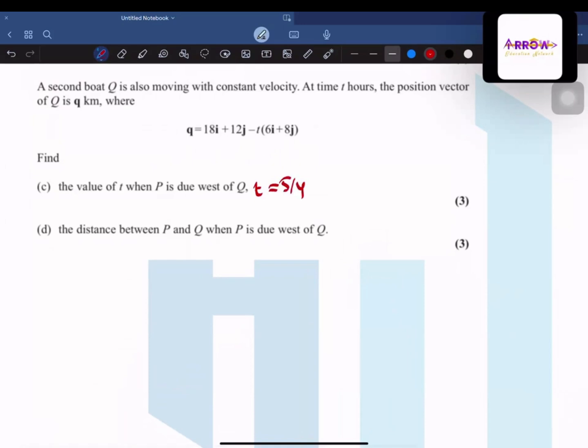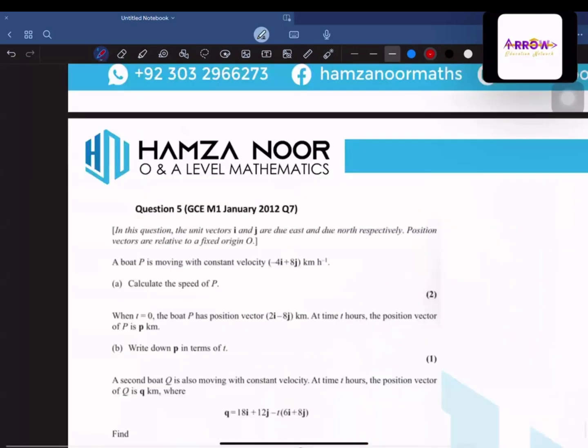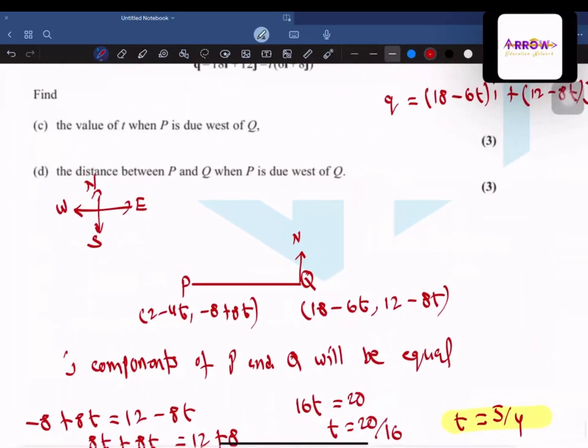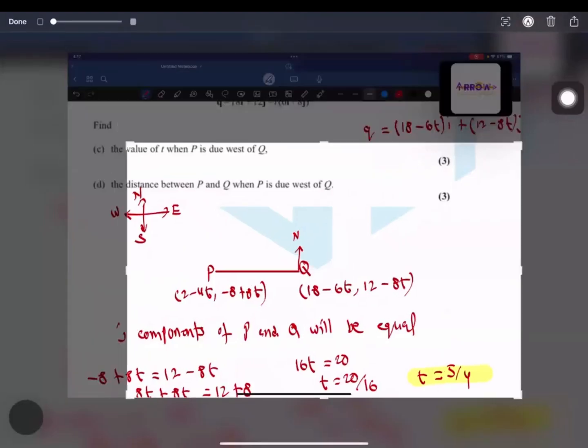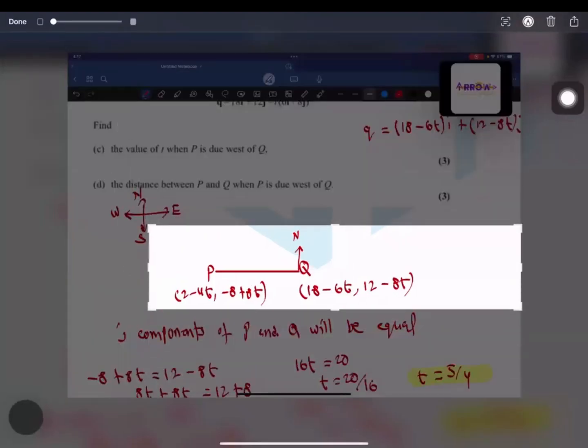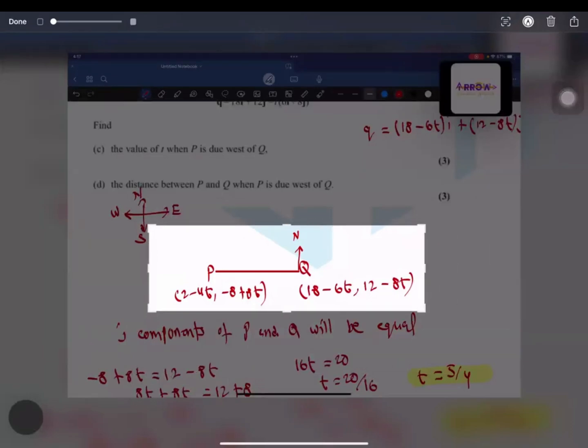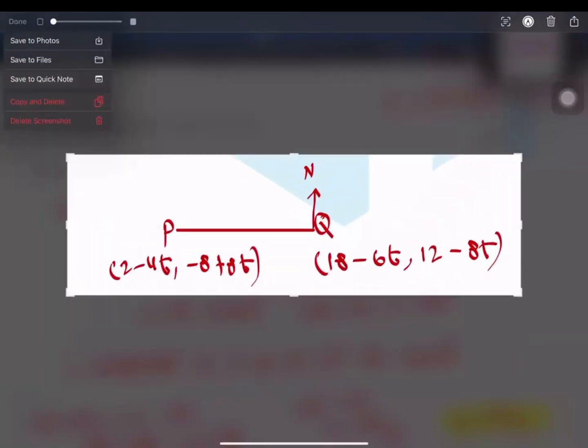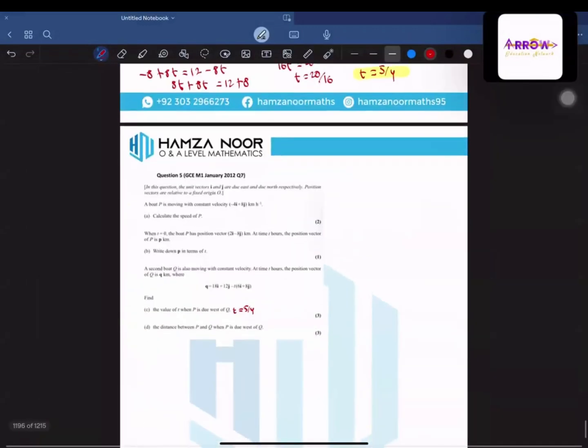I'll just bring the sketch over here, the screenshot on the next page. I'm just going to put the value of t in both of these vectors individually, and I would be easily able to find the coordinates in the form of i and j.